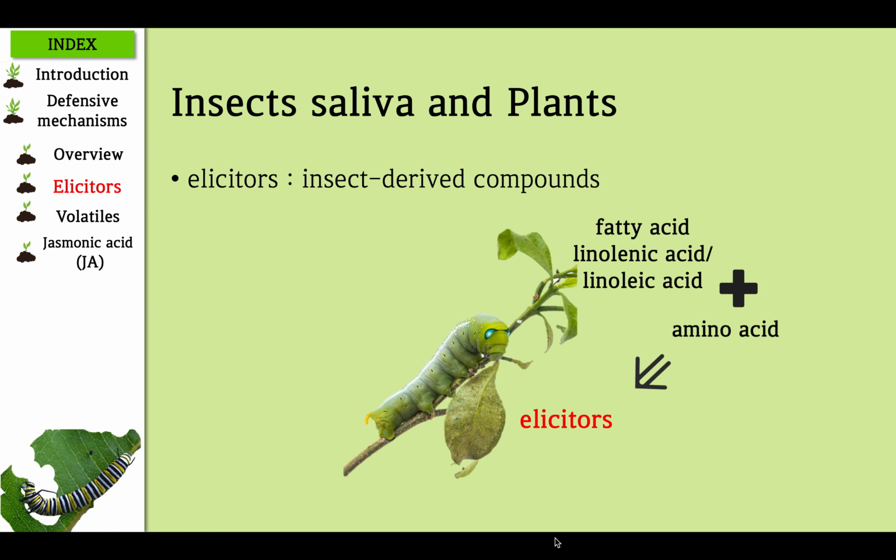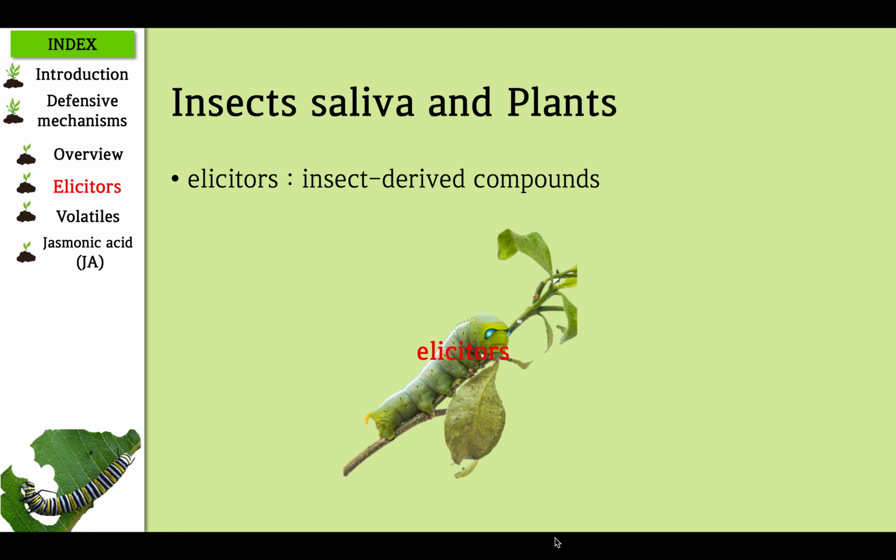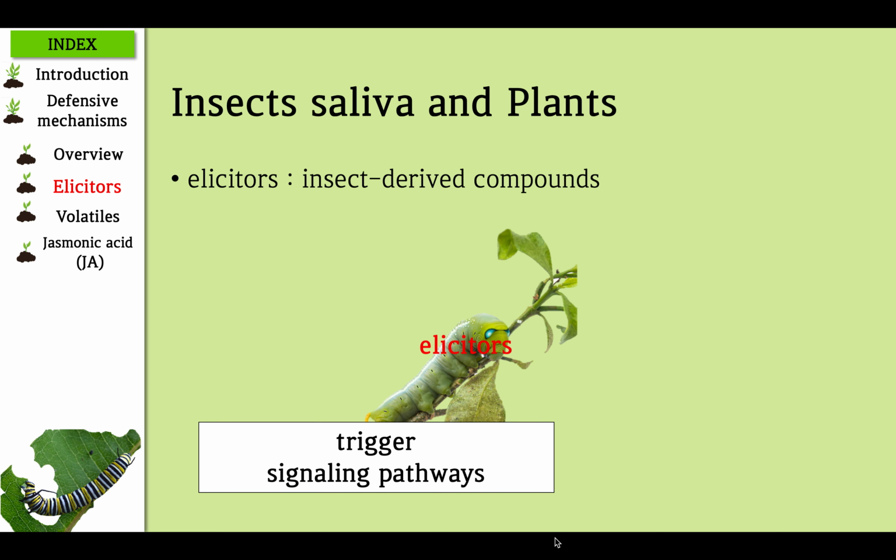Elicitors made in plants are regurgitated into insect saliva, and elicitors are continuously applied to the feeding site. Plants recognize these compounds, and signals from this trigger defensive signaling pathways. These pathways initiate defensive responses in distant regions of the plants in anticipation of further damage.